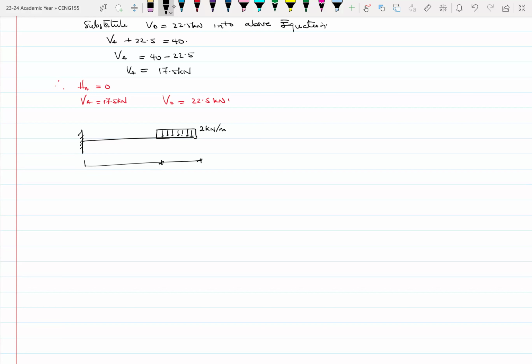Let's say if you have two UDLs on the beams, the process is the same. The steps are pretty much the same. You treat the two different UDLs as separate. I don't know if there was anything like that in your assignment.